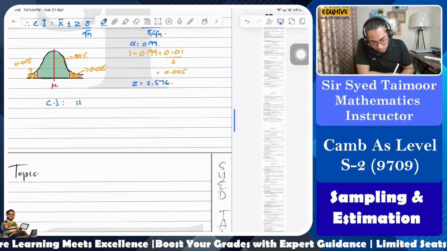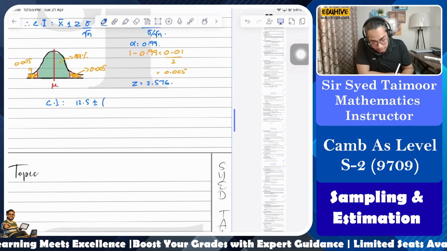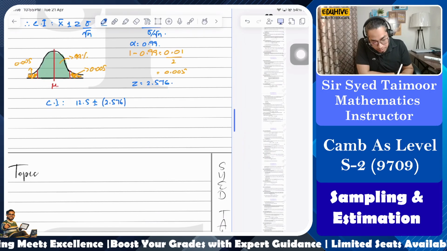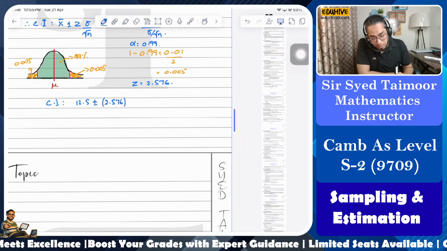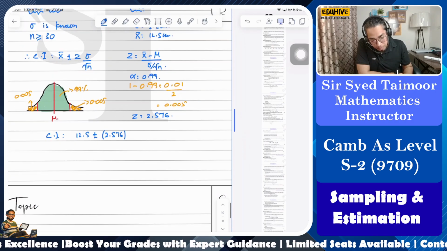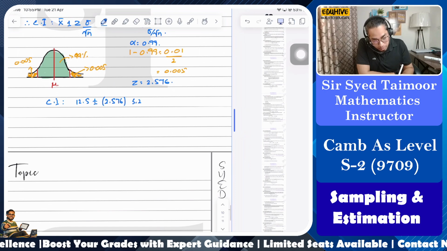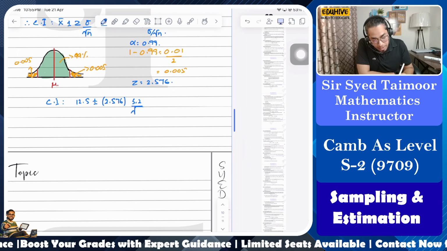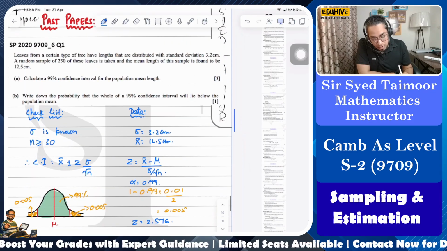x bar was 12.5 plus minus 2.576, and sigma was 3.2, divided by the square root of n, and n was 250.